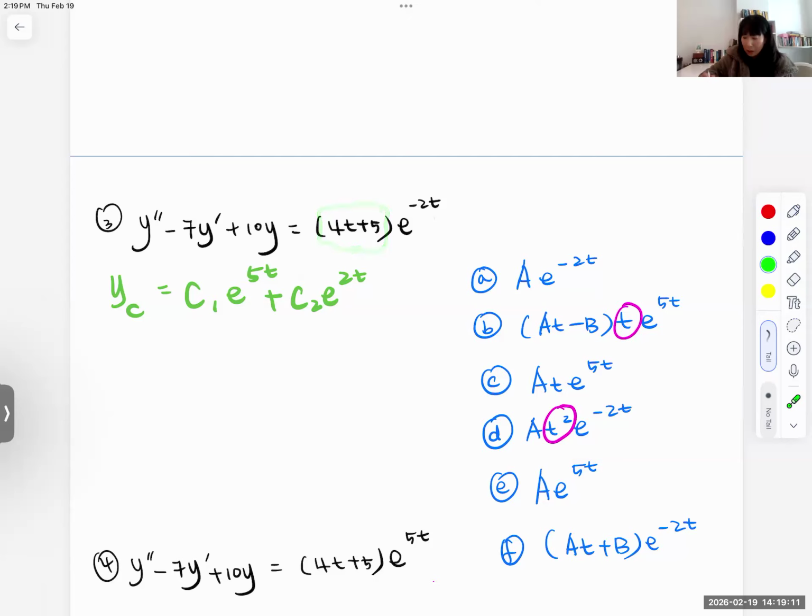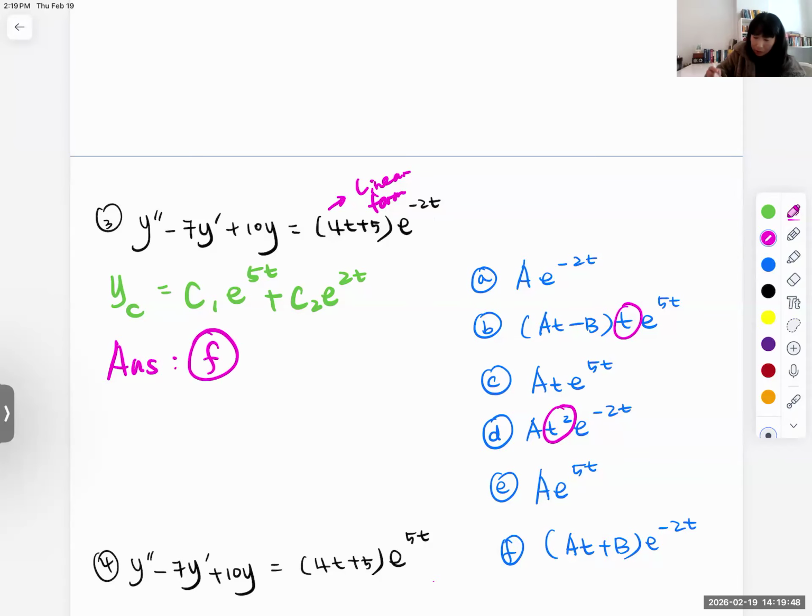Okay, let's find out linear form with e to the negative 2t, right? Because we don't have e to the negative 2t as a solution for complementary equation, right? So it will be linear form added there, right?